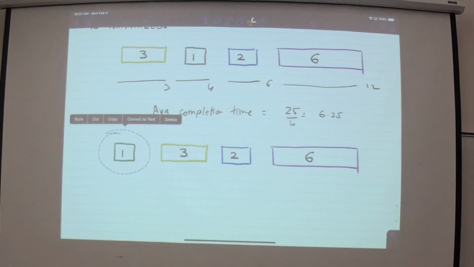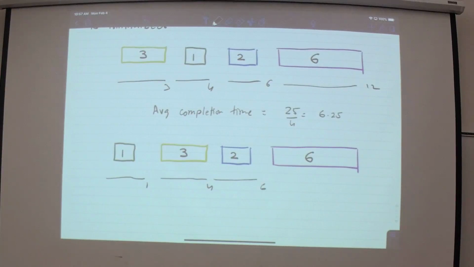Now let's see what it looks like. So now we have 1, 4, 6, 12. So 12 plus 6 is 18. 18 plus 4 is 22, plus 1 is 23. So now the average completion time is 23 divided by 4, which is equal to 5.75. We made progress. So now you have n jobs.